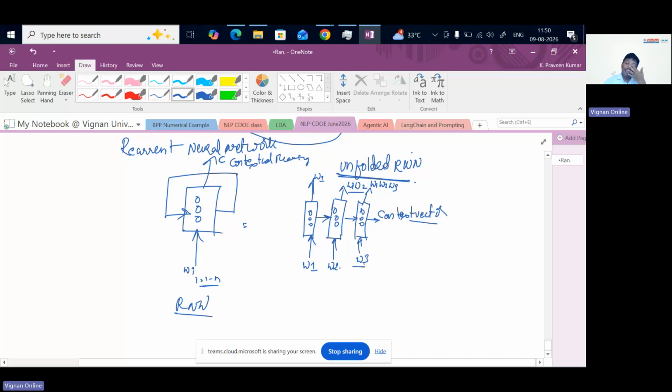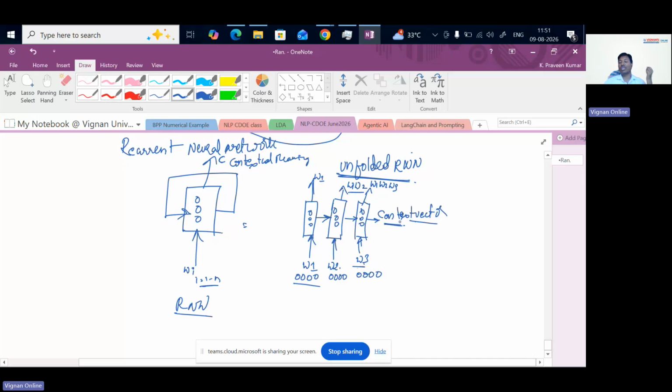Why am I calling this a vector? In the sense that each word is represented in the form of a vector of dimension n. So this way this 4-dimension vector is passed here and it produces a 4-dimension vector, then this 4 is passed and again it produces a 4-dimension vector. This way it is going to generate some context vector of size x.